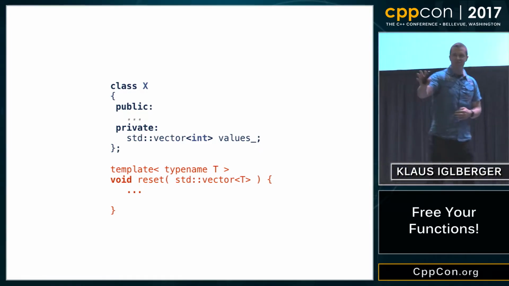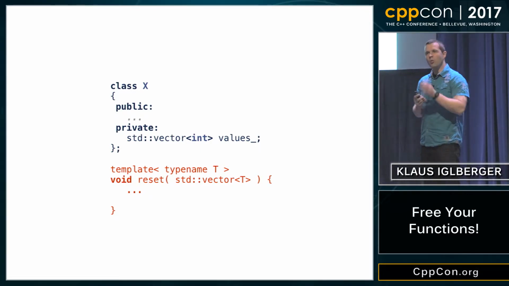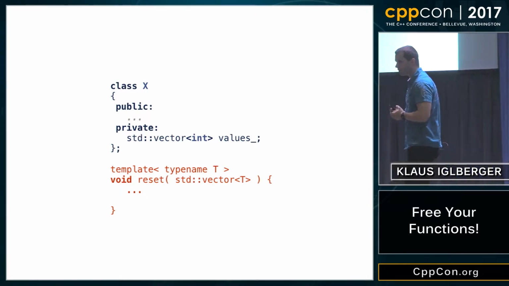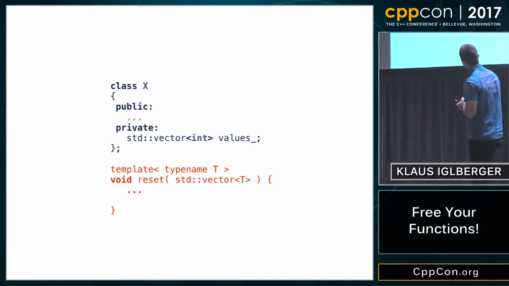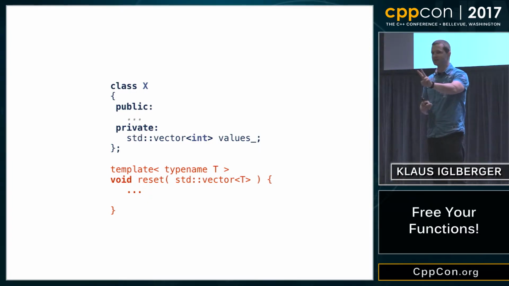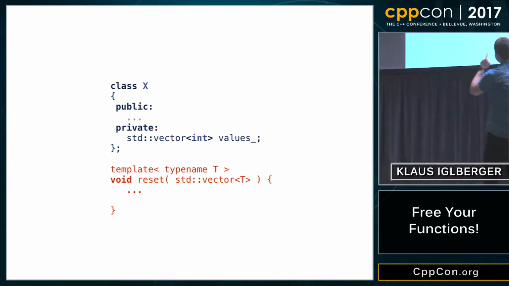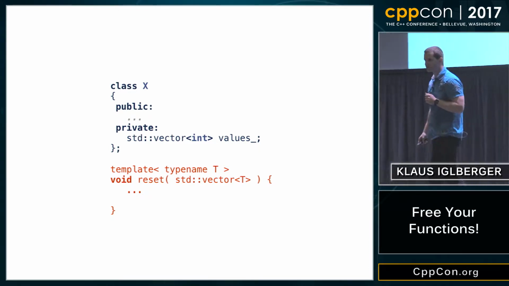The real question is not, does this prove something? The real question is, why does it work? Why is it giving me all these advantages? It works because reset fulfills two things. And these are actually really important things. First of all, it itself adheres to the single responsibility principle.